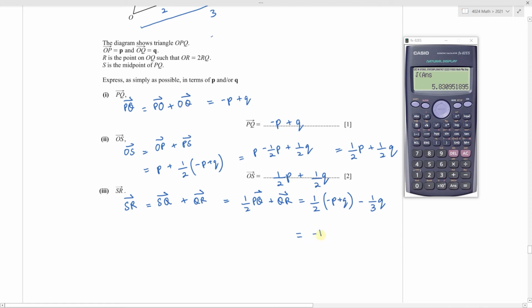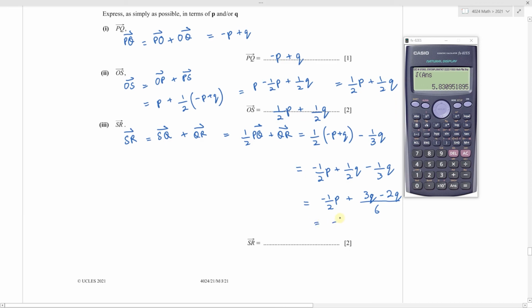This will become minus 1 by 2 P plus 1 by 2 Q minus 1 by 3 Q. What will be the LCM here? 3 twos are 6. This will be 3Q minus 2Q.